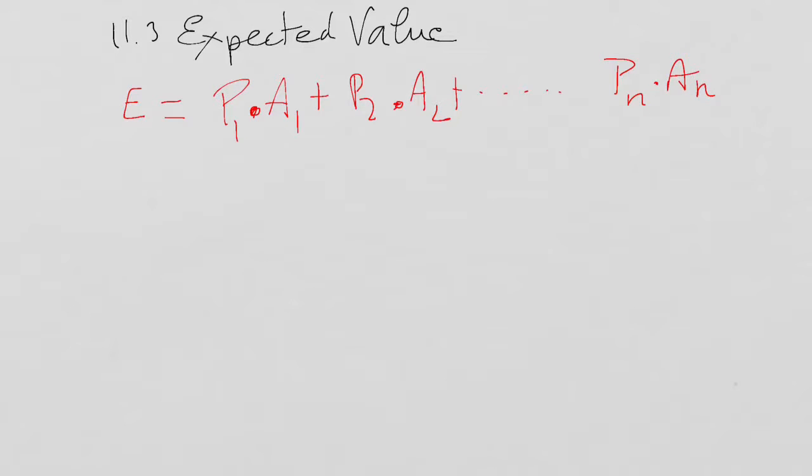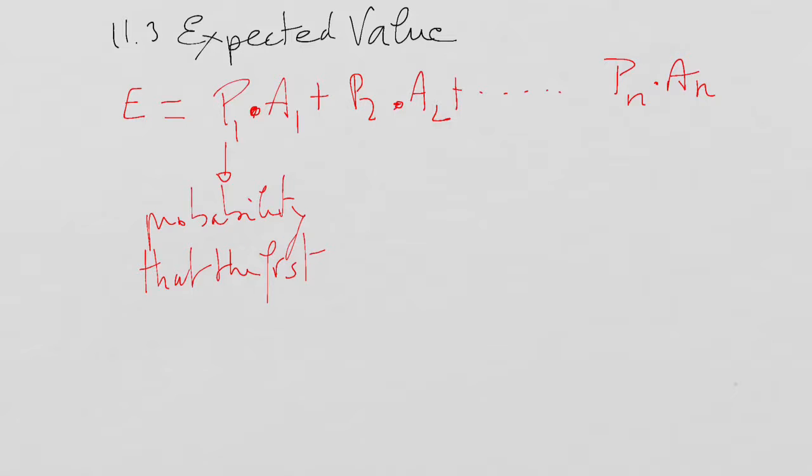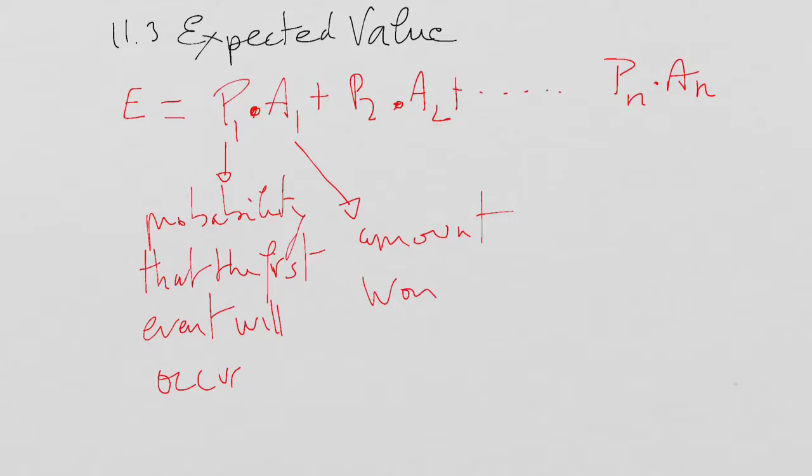Alright guys, so now we are going to look at section 11.3, expected value, and you have in front of you the formula to calculate the expected value, where P1 represents the probability that the first event will occur and A1 represents the amount won or lost if the event occurs.